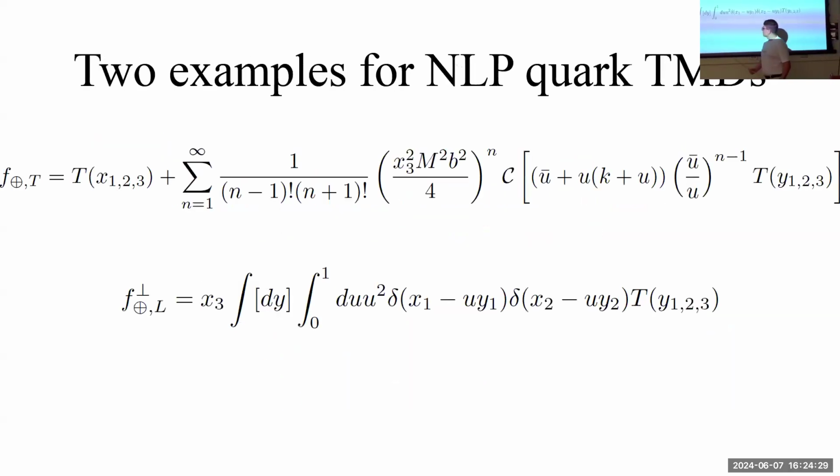Allow me to go back to the equation. The question is about the correction term, where you have x squared, m squared, b squared. So m is like a GeV. M is the mass of the baryon. In particular, for the proton it is obviously 1 GeV. But you can apply this formula to all spin 1/2 baryons that have the same correlator as the proton. Then the x squared factor is the x that is measured experimentally.